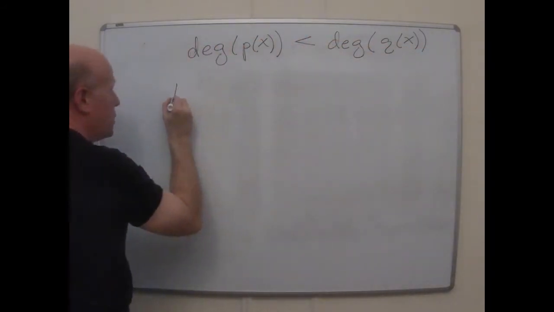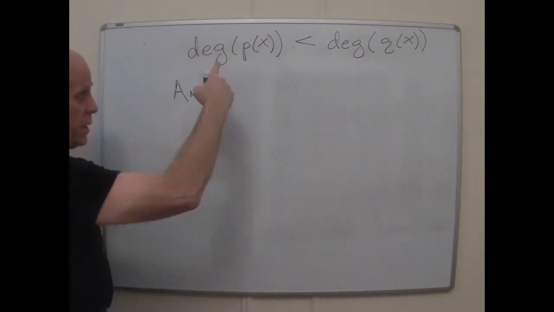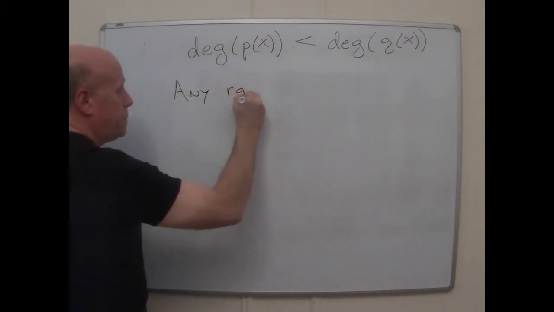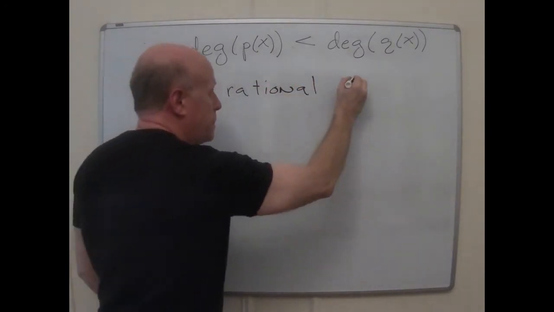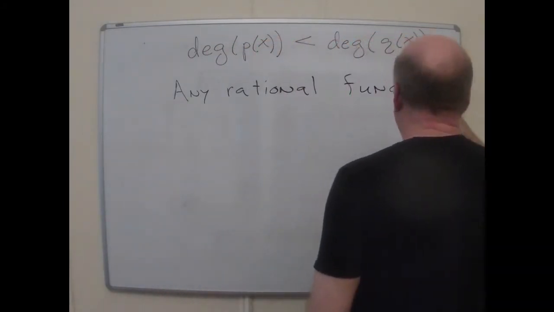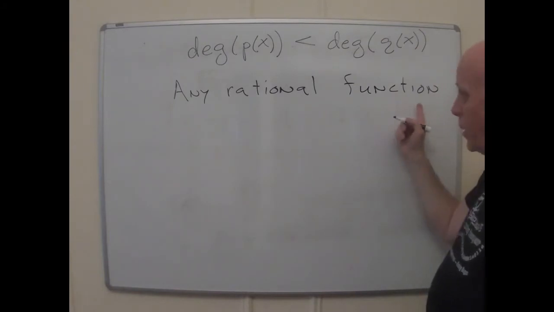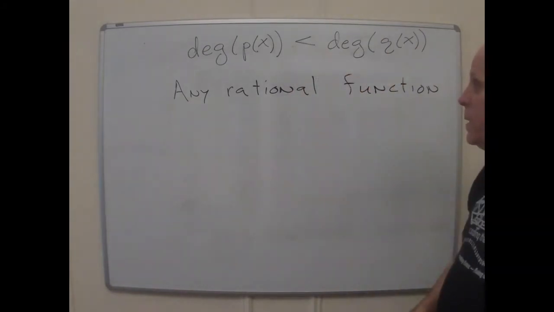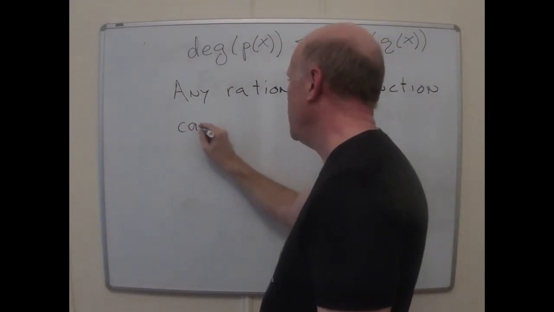Any rational function can be put into the form of a polynomial plus something that satisfies that. And so the polynomial part we'll be able to handle no problem, and the rational part that satisfies this, that'll be golden. Okay, so let's see if I can write this.